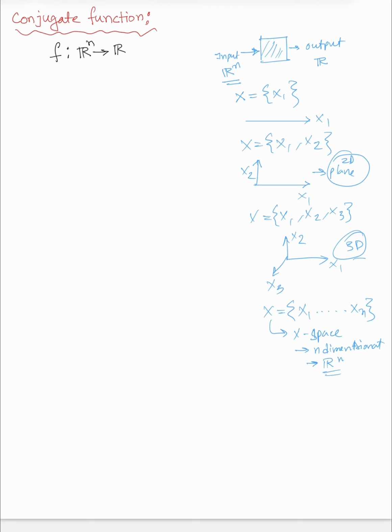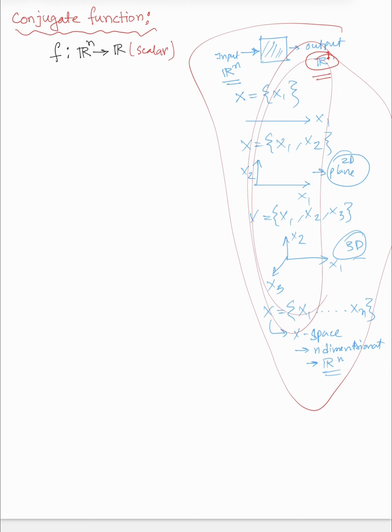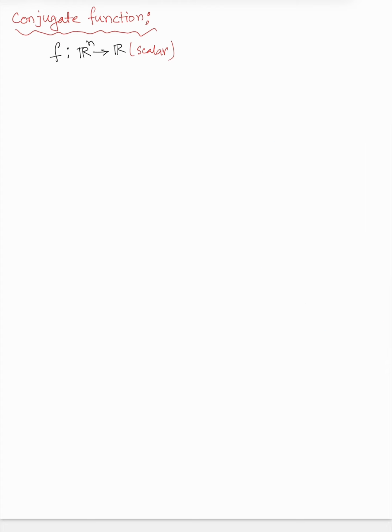And the output, on the other hand, is just one-dimensional because the power is basically 1. So this is a scalar. So this is what we're going to be assuming at the very beginning.